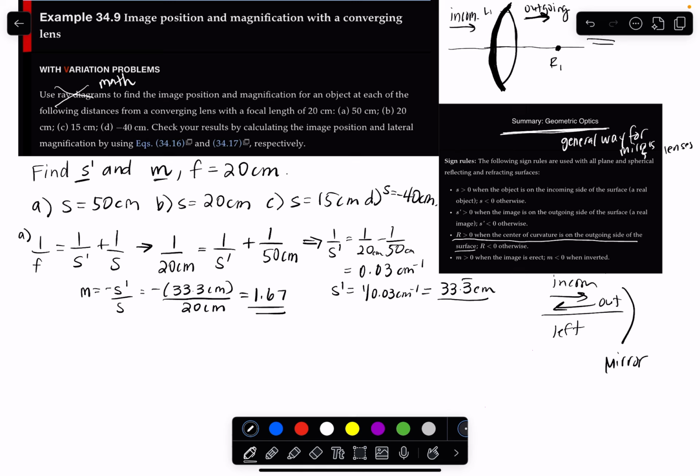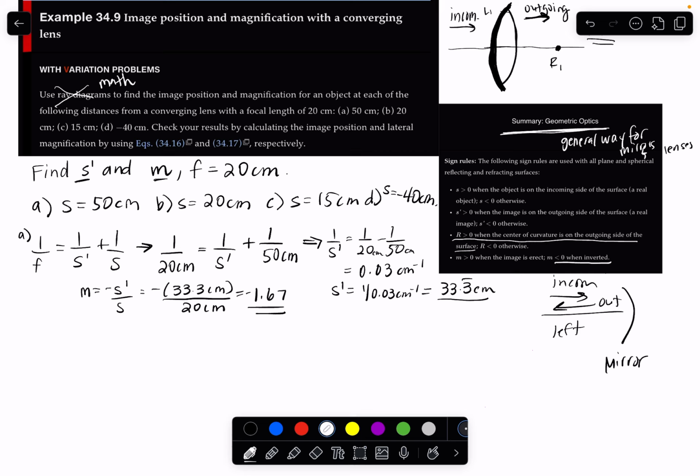Okay. So, it's negative, of course. The magnification is negative, which means the image is inverted, okay? So for part A, if we were to draw the ray diagram, as I'm sure if you look in the example solutions, it will have a picture of the ray diagram, and you'll be able to see the picture that goes along with this, right?